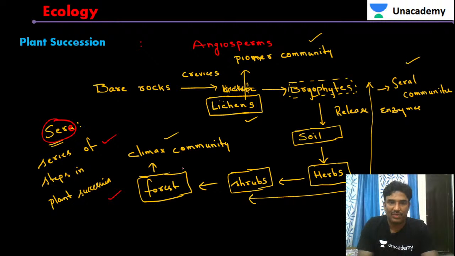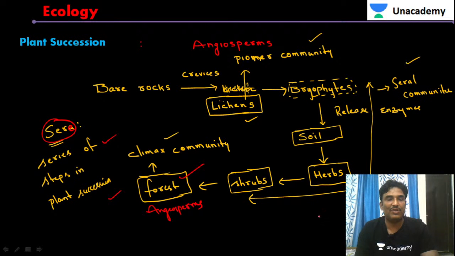We were discussing how the plants were formed in the forest. In the forest we have angiosperms, which are the dominating plants nowadays. That is how angiosperms have arisen, as we saw in today's class: plant succession. For formation of plants we need soil.